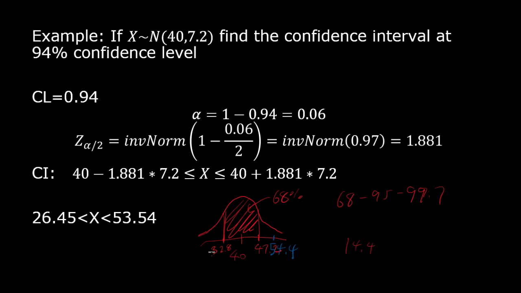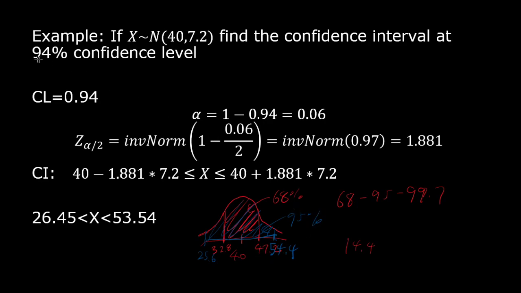And then 40 minus 14.4 would be 25.6. Okay. And if you take from here to there, if you take this much, then the 68, 95, 99.7 empirical rule says that this should contain 95% of it.